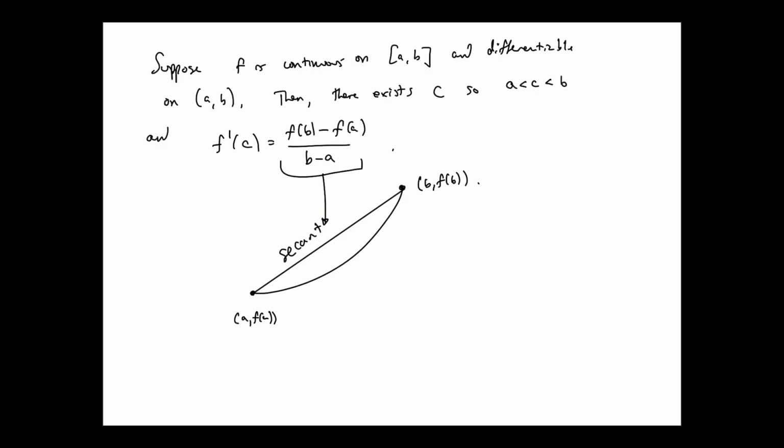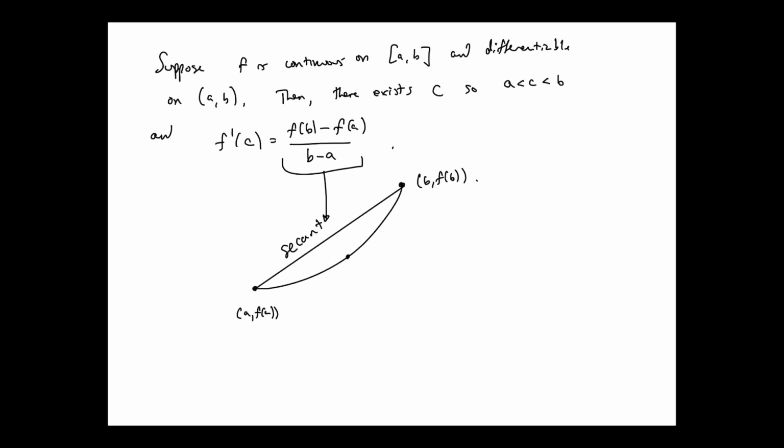What does it mean to be the same slope, by the way? What's another way of saying that? Parallel, right? So is there a place where you can draw a tangent line that's parallel to that secant line? Yeah, okay, where is it? Yeah, it's roughly in the middle just because of the way I drew the graph. It doesn't have to be exactly in the middle, but it might be somewhere roughly there. Does that seem plausible?